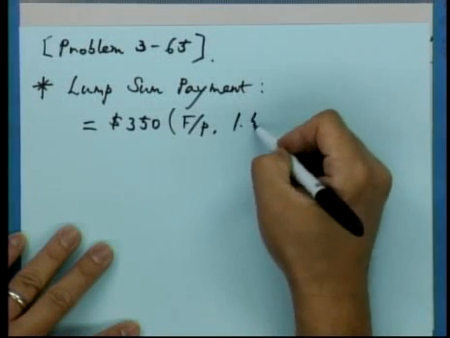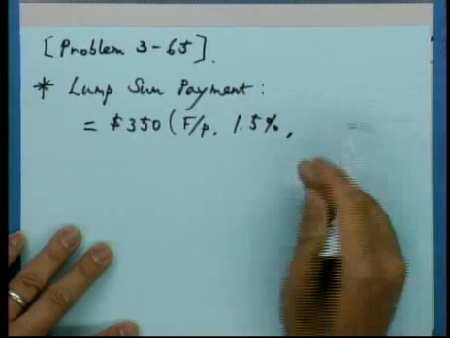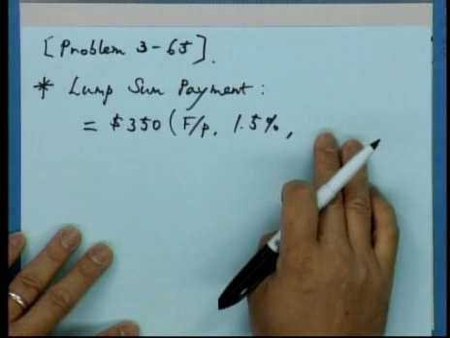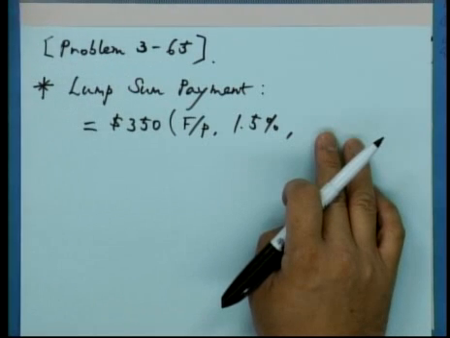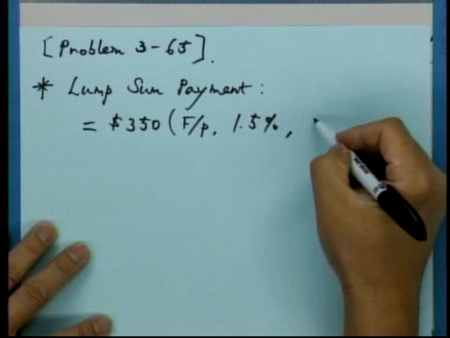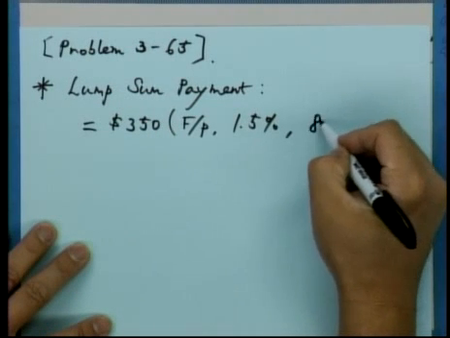So 1.5%. What about N, the value of N? It's going to be 8.